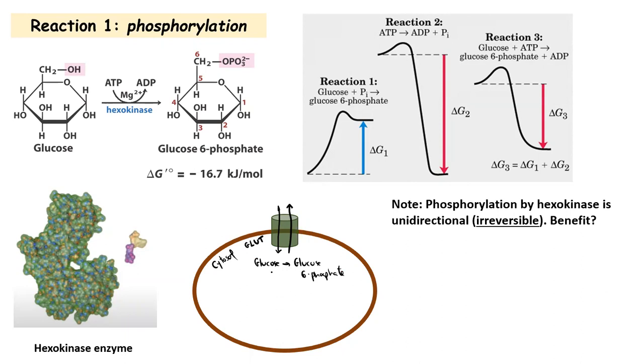So what we do is we convert glucose to glucose 6-phosphate, and therefore glucose 6-phosphate cannot cross the GLUT transporter.